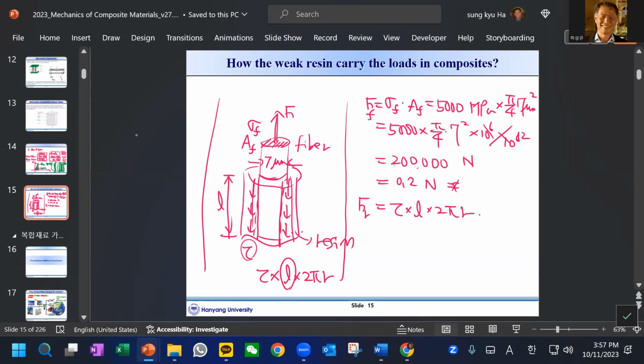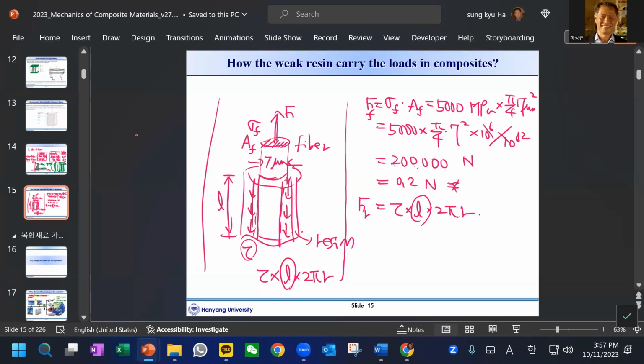Let's say shear stress or tensile strength, which is of the order of 70 megapascal. But the point is that this L can be very large.